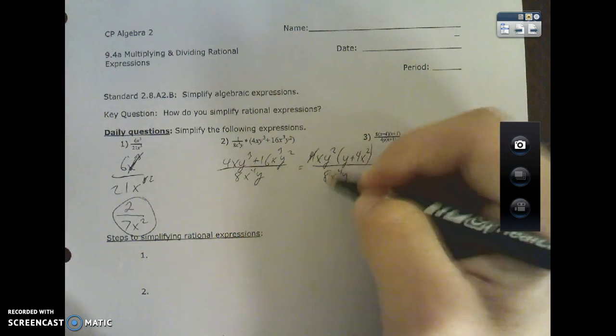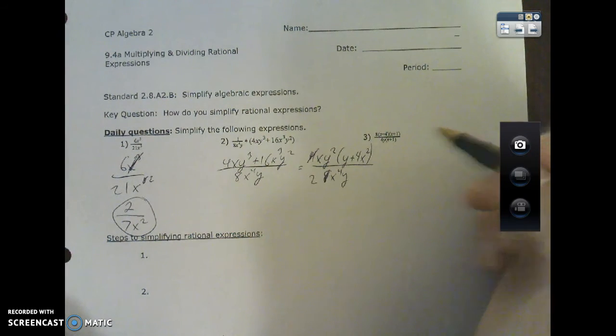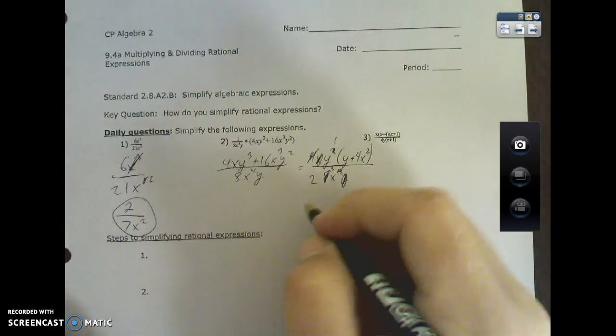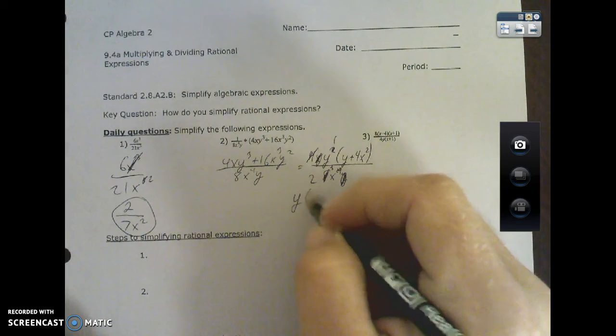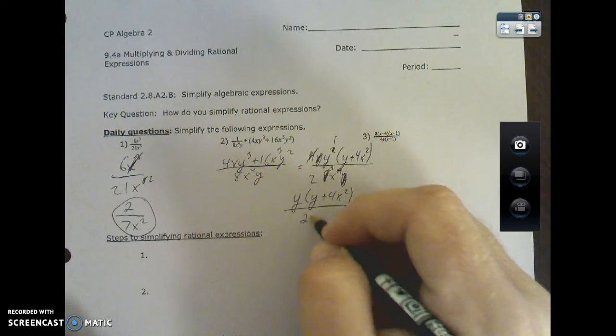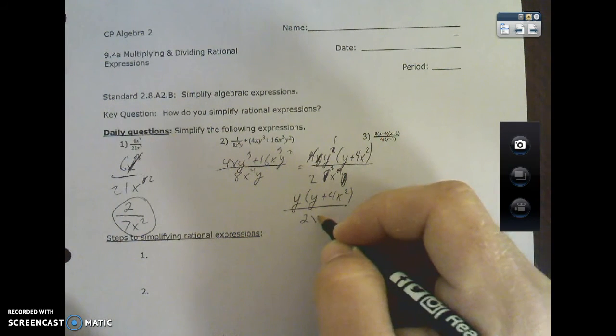Well, the 4 can cancel with the 8 to bring it down to a 2. The x can cancel out, take 1 away from down low, and 1 y away from the bottom, 1 y from up top. So I'm left with y plus 4x squared divided by 2x to the third.